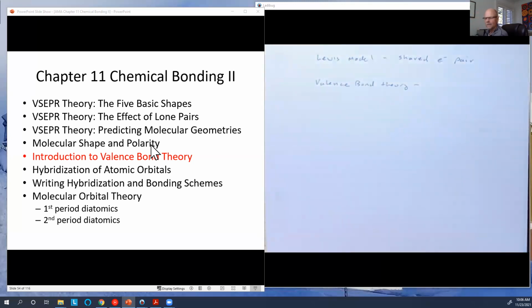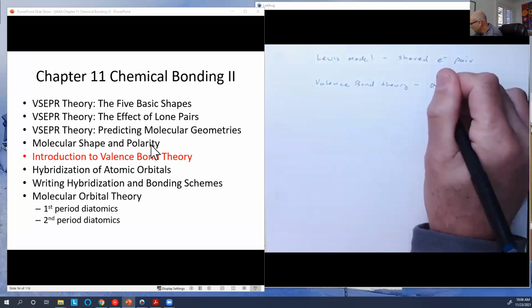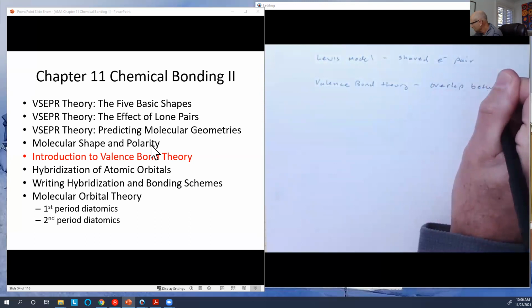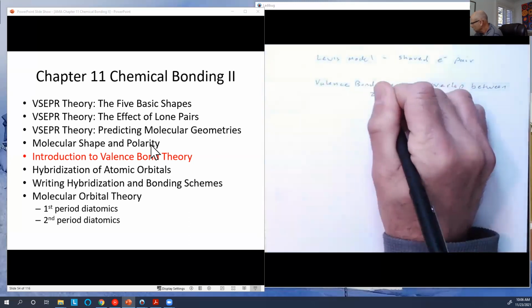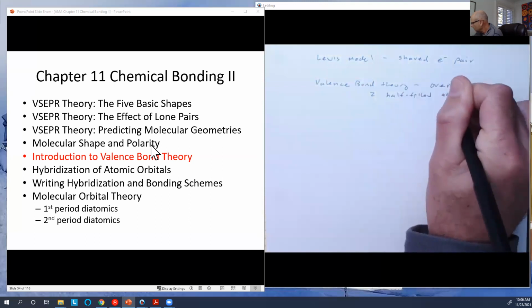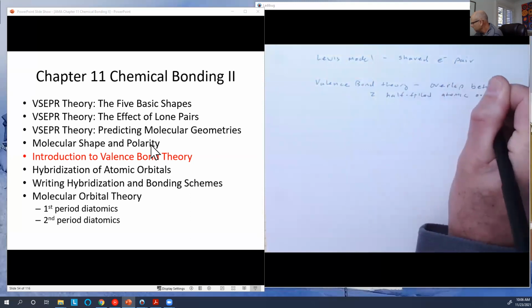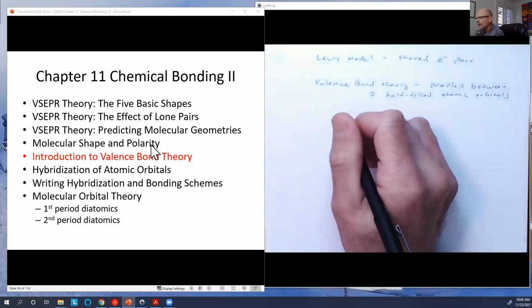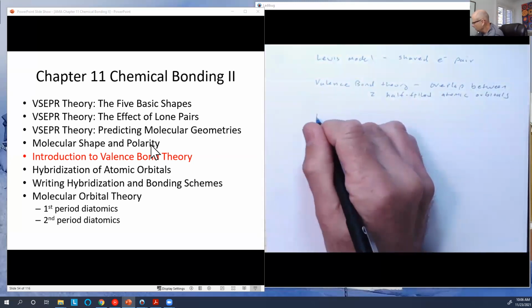Here, a chemical bond is the overlap between 2 half-filled atomic orbitals. And then our last theory, which we're going to look at on Monday in class, is going to be molecular orbital theory.